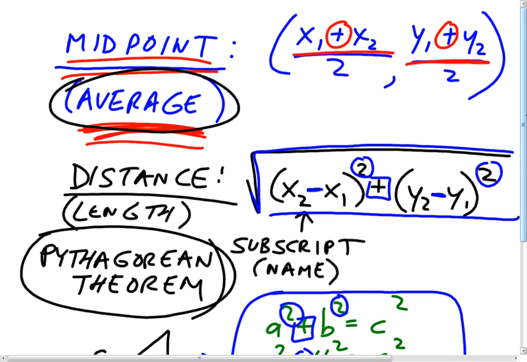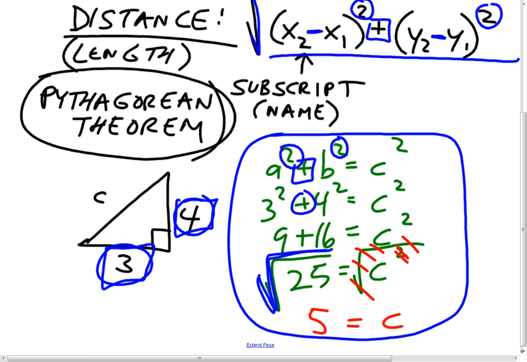At the bottom, some of these are not going to work out evenly. So I'd like you to leave them in simplified radical form. Does everybody know what I'm talking about when I say simplified radical form? If you don't, just leave it at that stage where we have the radical.